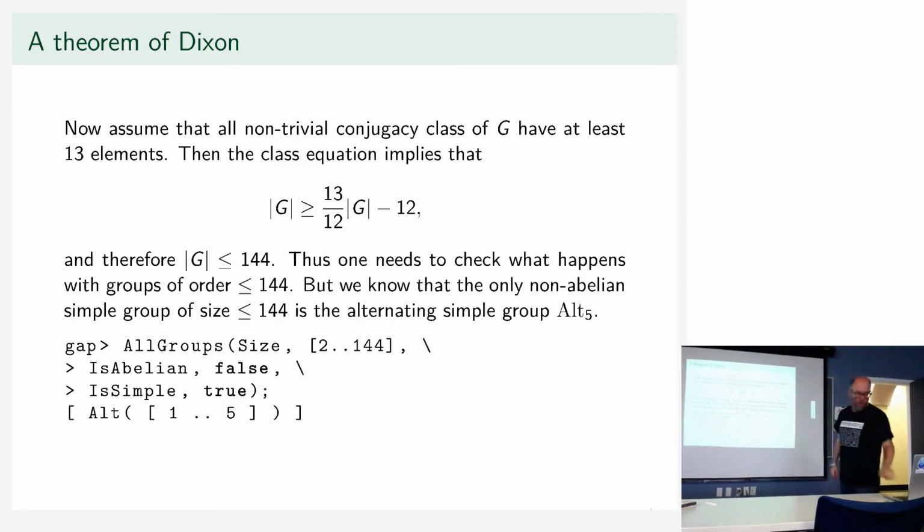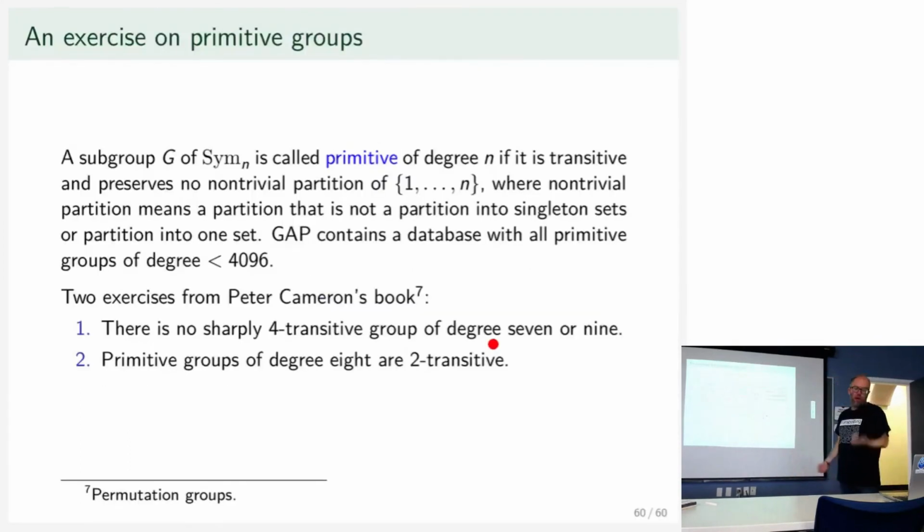And to finish, I give you this exercise. Transitive groups are either primitive or not. Primitive groups are transitive groups with some extra property. I don't want to get into details, but it's not very hard to understand this definition.